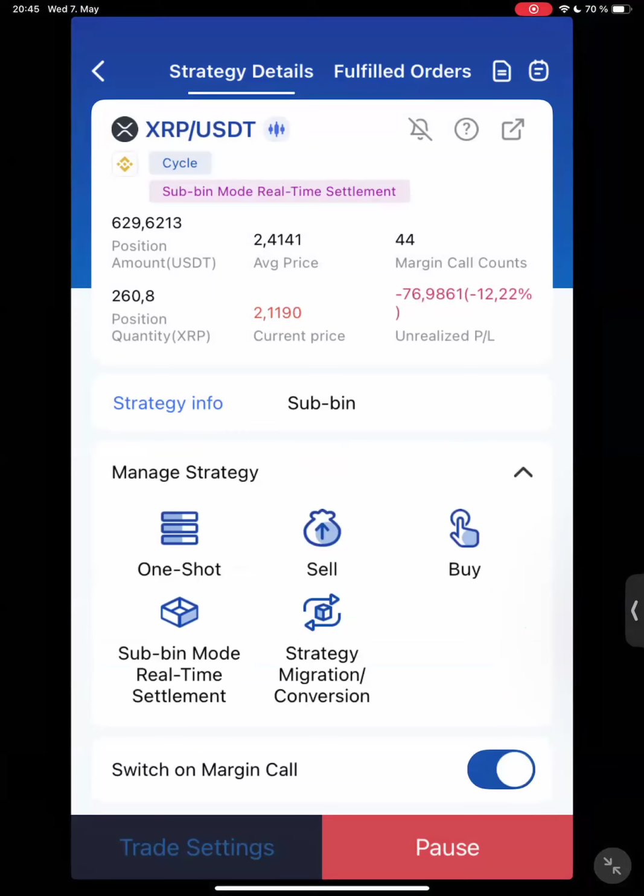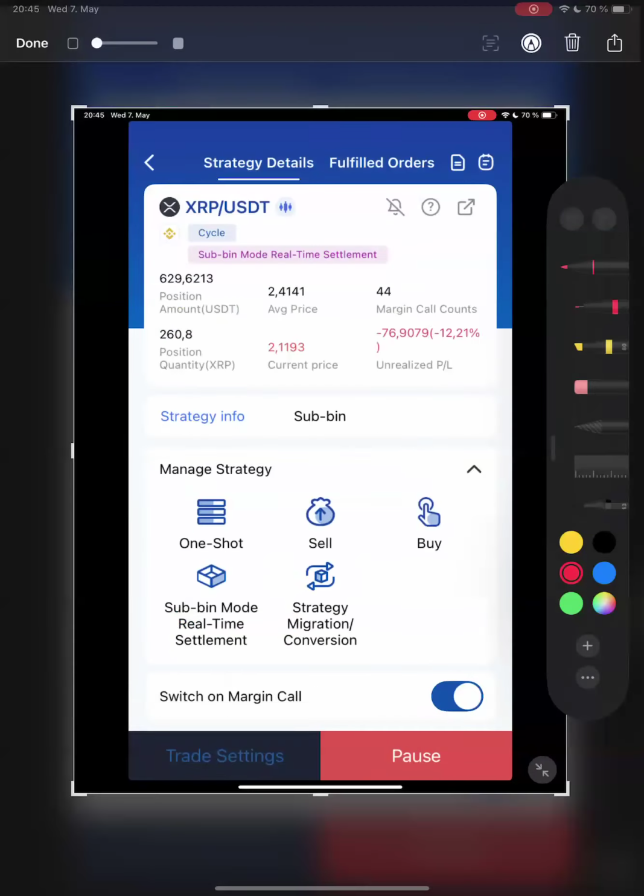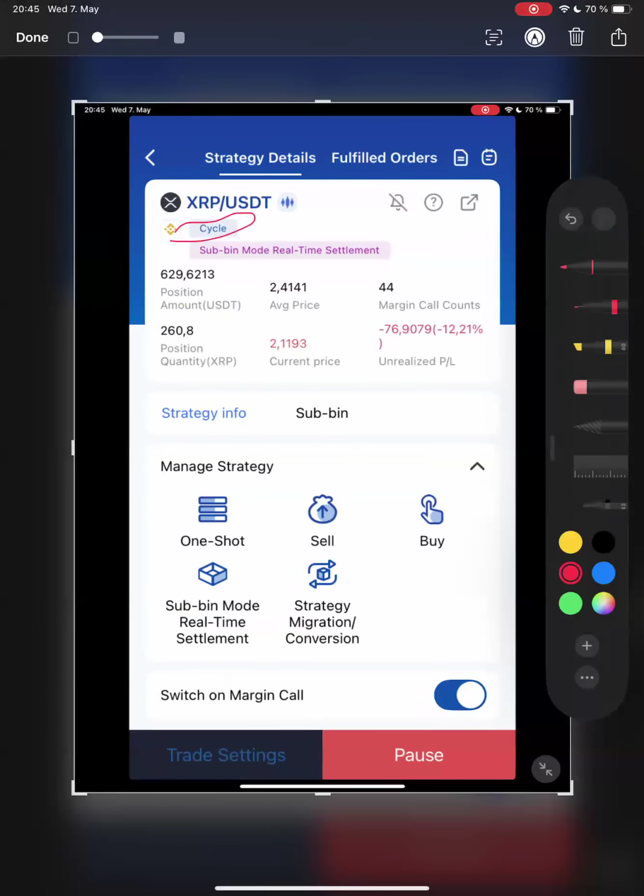So strategy info. We have the managed strategy, whereby we have one shot. The opposite of one shot is called cycle. What's the difference? Cycle means if this robot sells everything completely, it will rebuy the same XRP coin again.